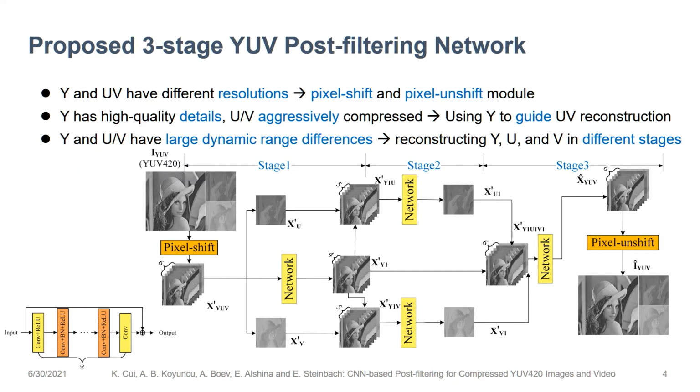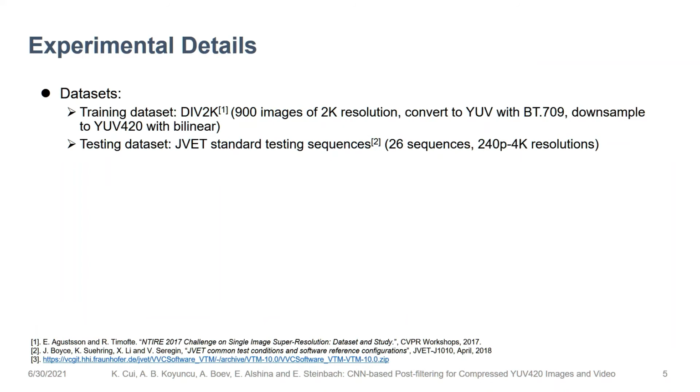Here are some experimental details. For the training dataset, we use the DIV2K dataset, which has 900 images of 2K resolution. We convert them to the YUV color space with the BT.709 standard, and then downsample them to YUV 4:2:0 format with bilinear downsampling.